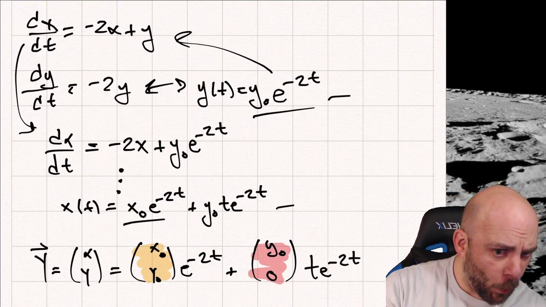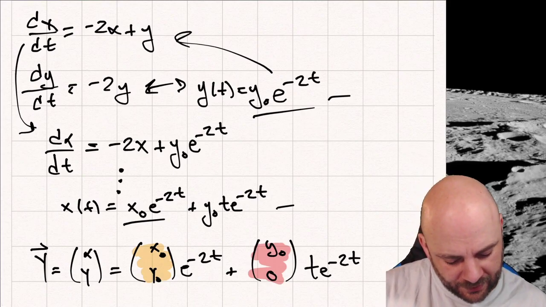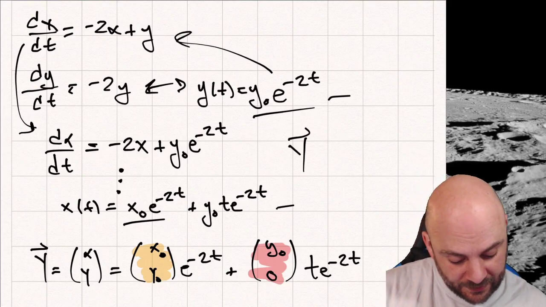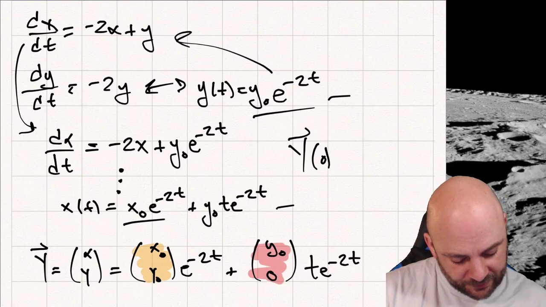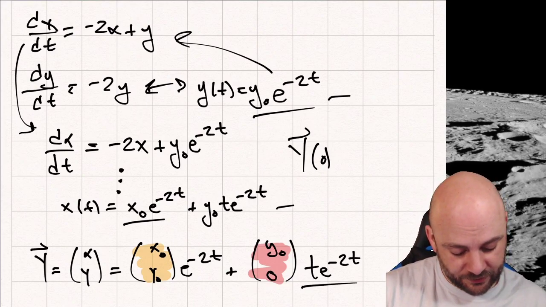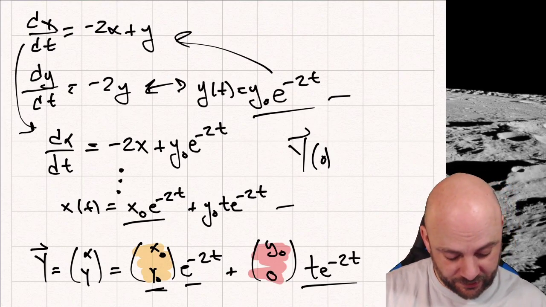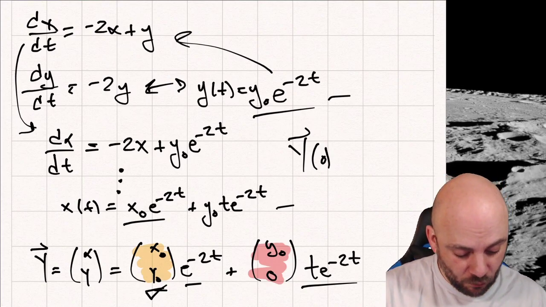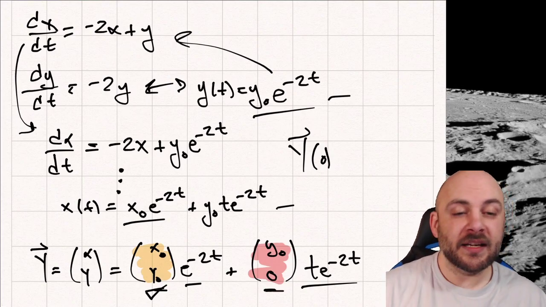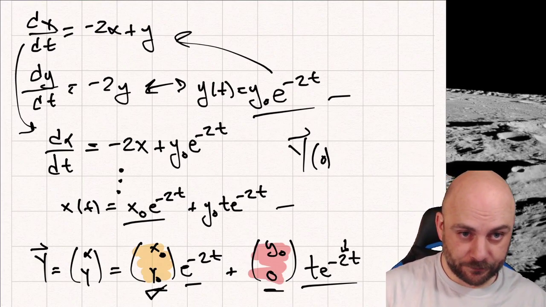The answer is no. If I look at the y vector evaluated at time 0, then when I plug in 0 in here, this term vanishes. This term turns to 1. So if I did not know what this vector is, it would have to be my initial conditions. So yes, that is always my initial condition vector. What is this vector right here? Well, I'll give you a hint. It is your eigenvector for the eigenvalue negative 2.